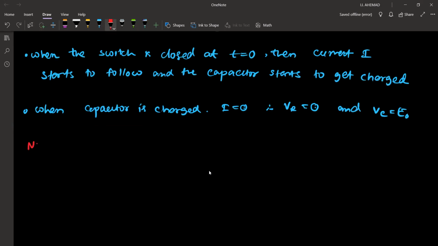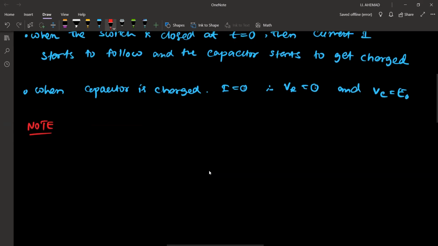Note, if we draw the variation of current with time in this circuit, initially there is current, and it goes to 0.